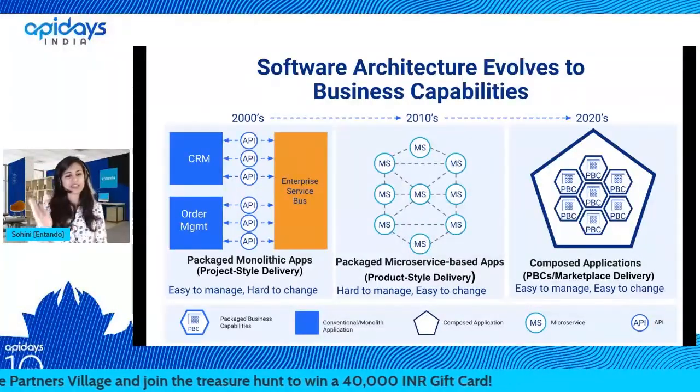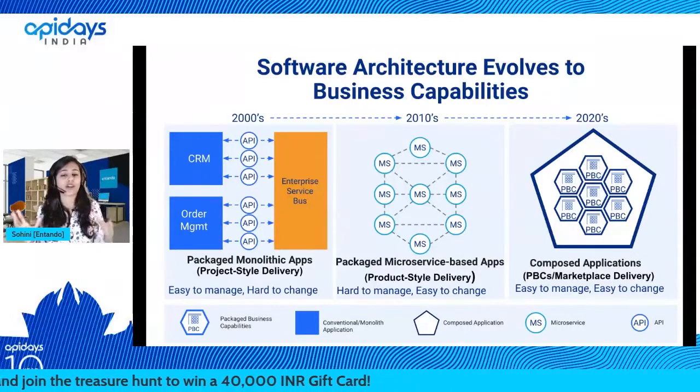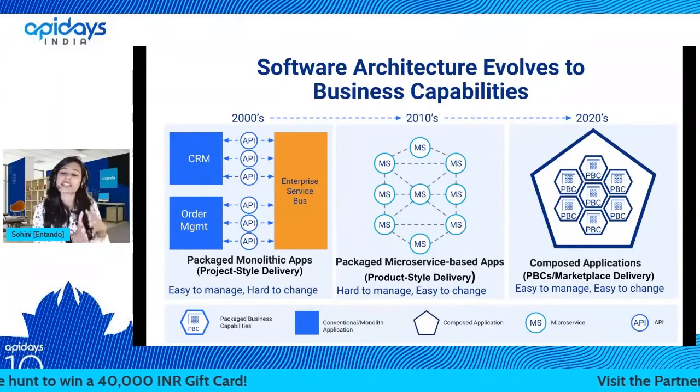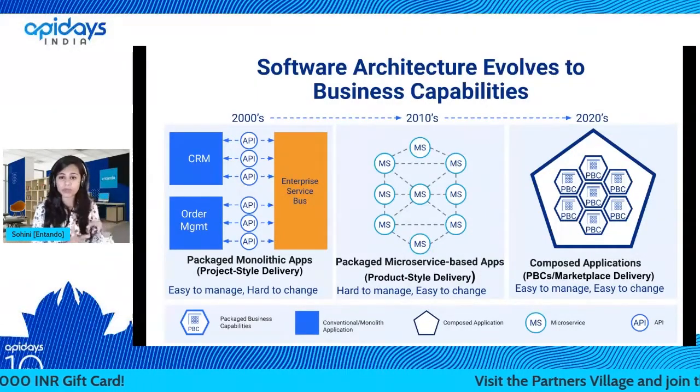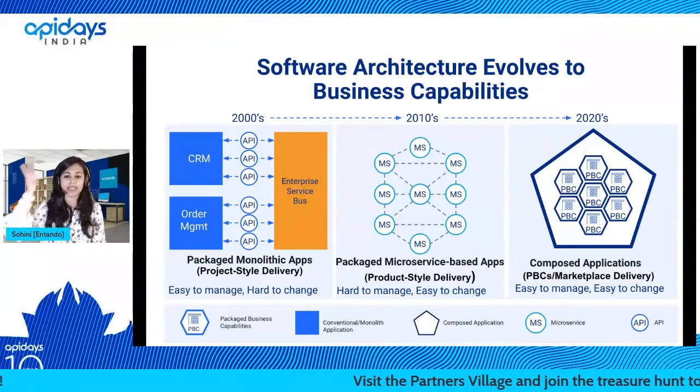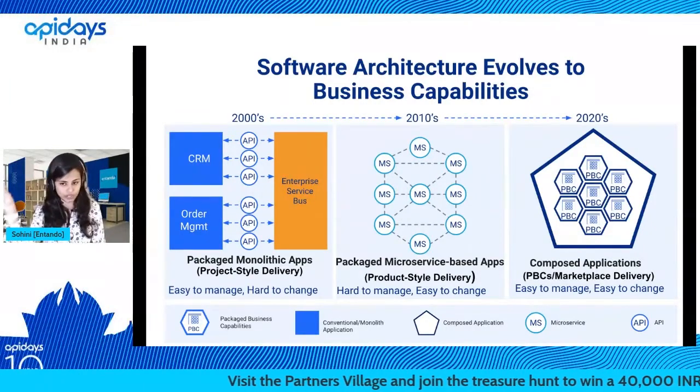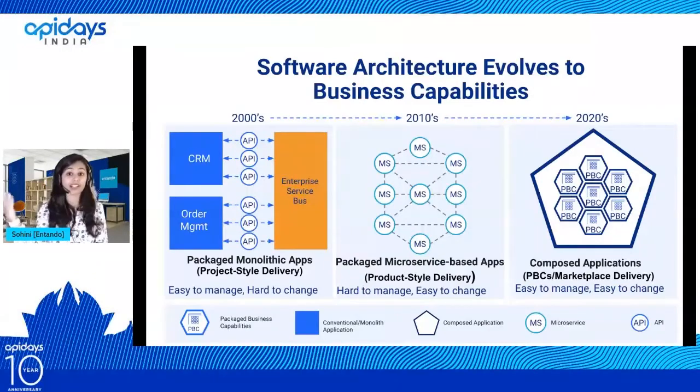So the PBC based applications are assembled of components that encapsulate notable business objects like bank accounts, purchase order, or processes like loan approval, employee onboarding, or order to cash. So these could be some processes.